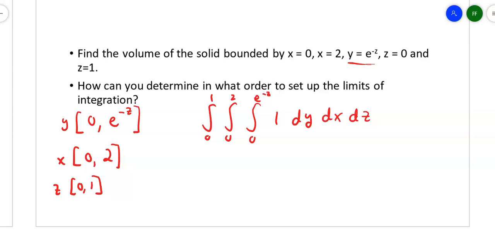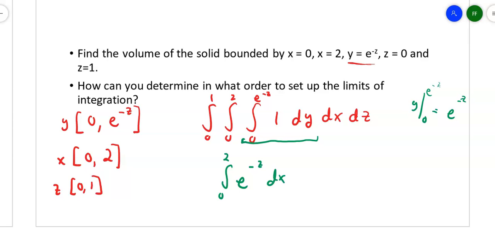Right, when I do this first integration with respect to y, I'll end up with e to the negative z, right? Because that'll give me y evaluated at e to the negative z and at 0, which is just e to the negative z.